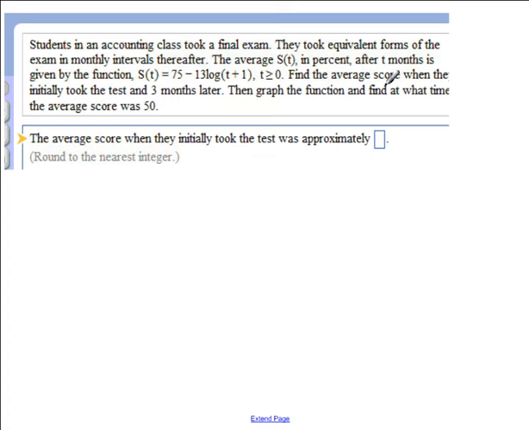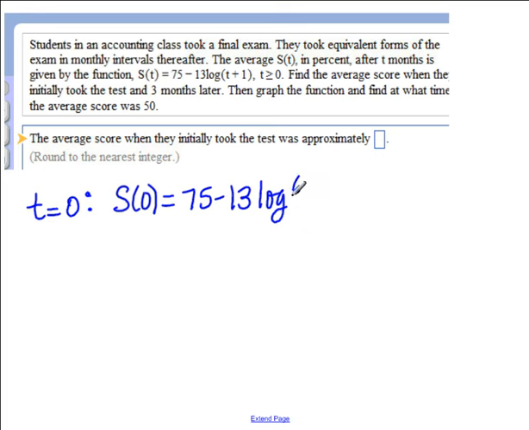So if we want to find the average score when they initially took the test, t would be 0 months. So we'd have to find s of 0, which is 75 minus 13 times the log of 0 plus 1.